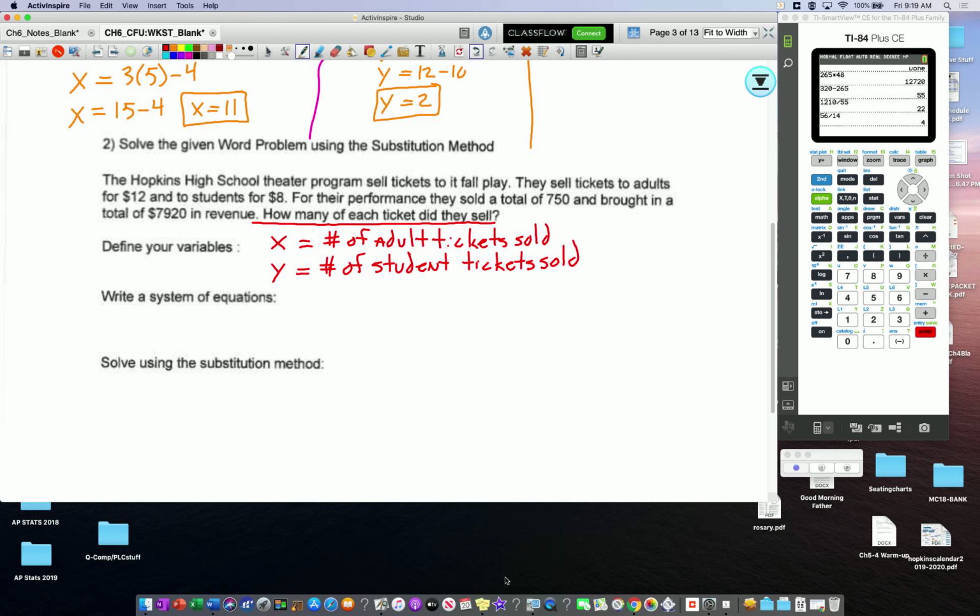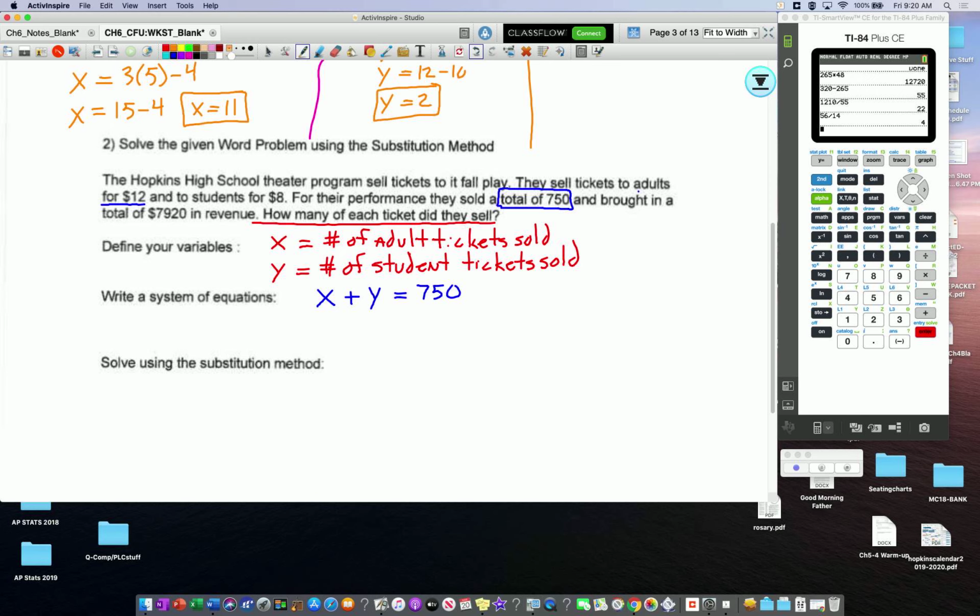So now it asks us to write a system of equations. So it says for their performance, they sold a total of 750 tickets. So the number of adult tickets plus the number of student tickets, as I've defined up here, has to equal 750. So then, for the second equation, it deals with the money.